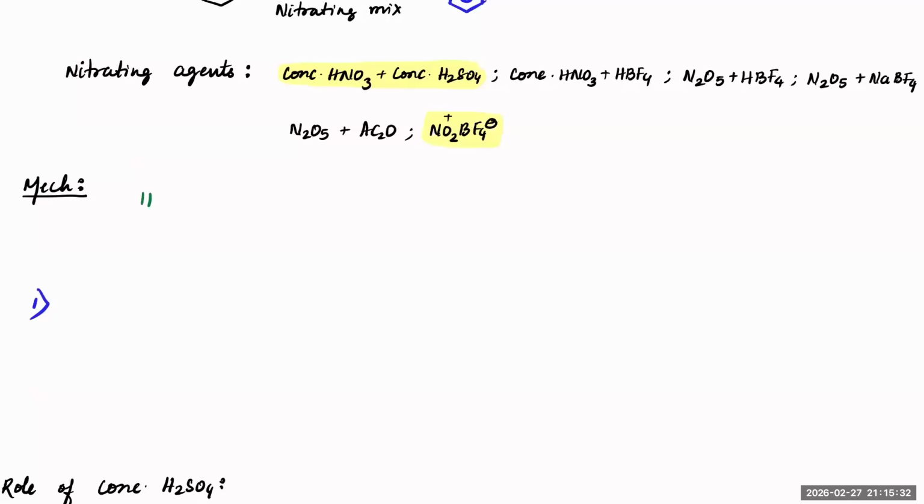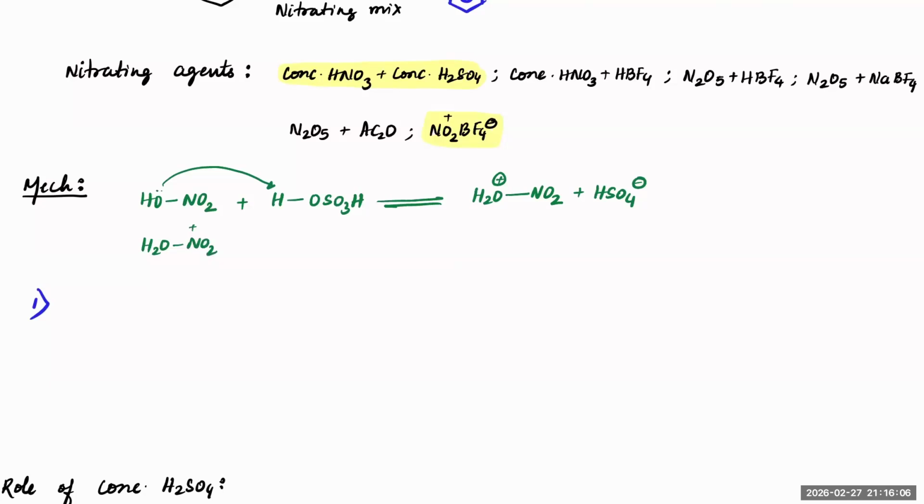HONO2, if I write it as HNO3, when you treat it with concentrated H2SO4, which is HOSO3H, the lone pair on this OH will take H plus and convert itself into H2O, NO2 with a plus charge here, and this will become HSO4 minus.